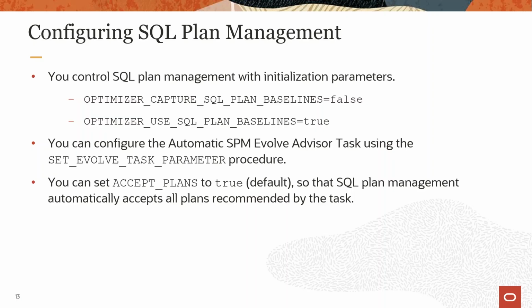You can also configure the automatic SQL Plan Management Evolve Advisor task using the set_evolve_task_parameter procedure. You can also set accept_plans to true, which is the default, so that SQL Plan Management automatically accepts all plans recommended by the SQL Plan Management Evolve Advisor task.